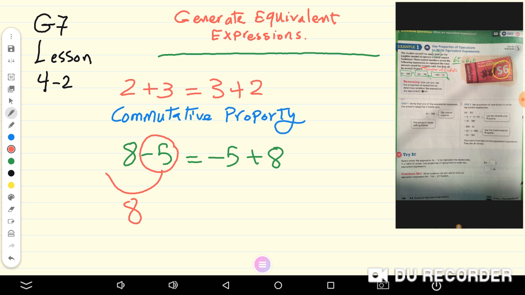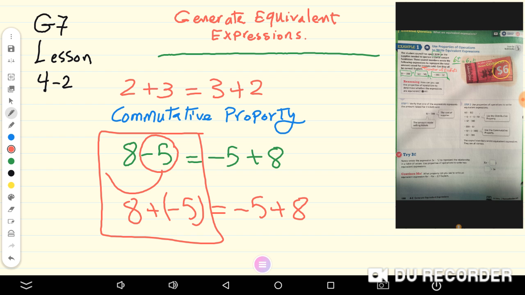By the way, I can write this form as 8 minus 5. We said before, the meaning of minus is adding a negative number. From the beginning, the sign of 5 is negative, so it's negative 5 plus 8. Take care about it. What we did here is convert minus to plus negative.